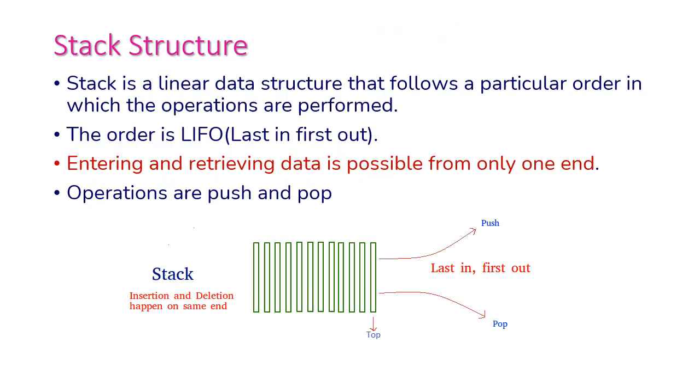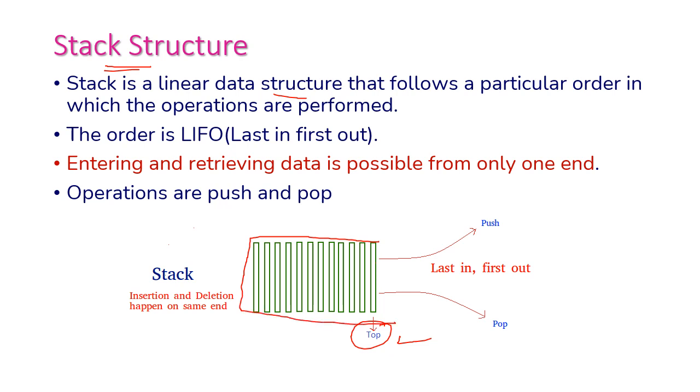Okay, the next structure is the stack data structure. This is another important linear data structure. Unlike the queue, here the insertion and deletion will be performed at only one end, that is the top end. Okay, so this is the stack structure.